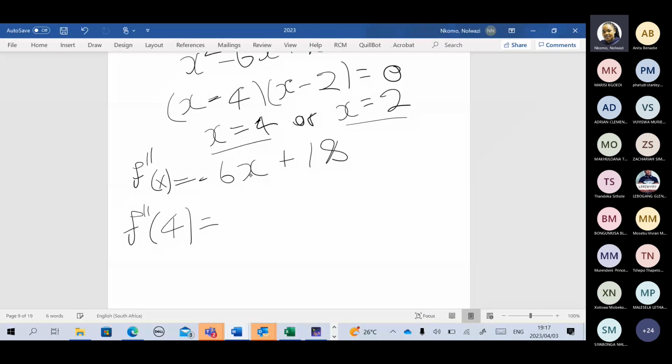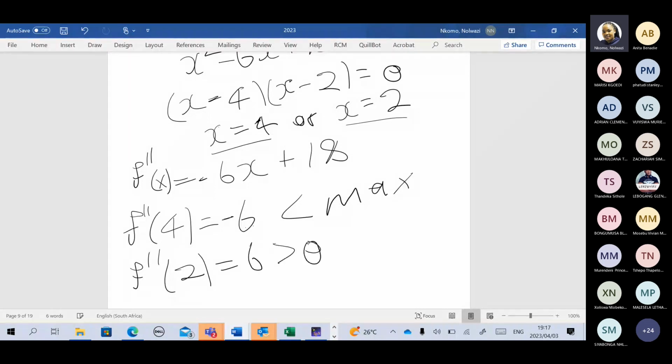If you put 4 here, you will have minus 6 times 4 plus 18. That is minus 6. This means here we have the maximum point, right? Okay, and if you substitute our second point, which is 2, we have minus 6 times 2 plus 18, that is plus 6, since greater than 0. That means you have a minimum point at x equals 2.